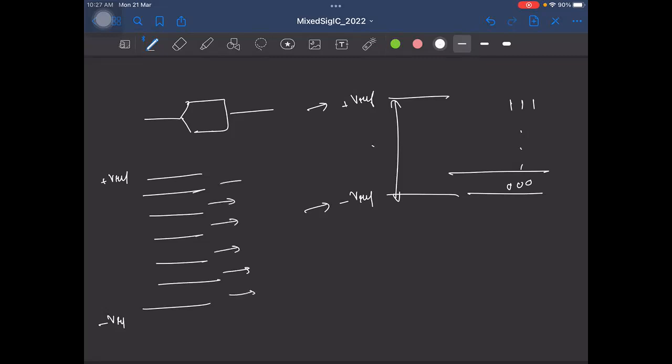Only if the input is varying over this entire range will you see all the output codes. But if the input is not spanning the entire range, it will lie within this range, which means the output is simply going to be constant. You're not going to get a faithful representation of the signal at the input. Is that fine?